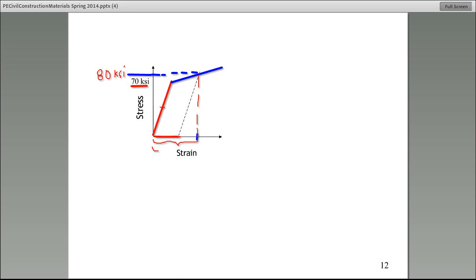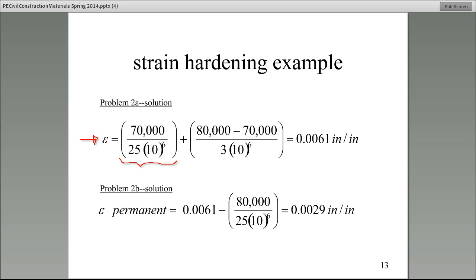All right? So to that, we need to add this segment. I don't know how well you can see that yellow, highlighted yellow. How can we find that? Well, let me show you. It's going to be this part of the equation. So 80,000 minus 70,000, that's the differential. And we divided it by, this is the important point, 3 million.